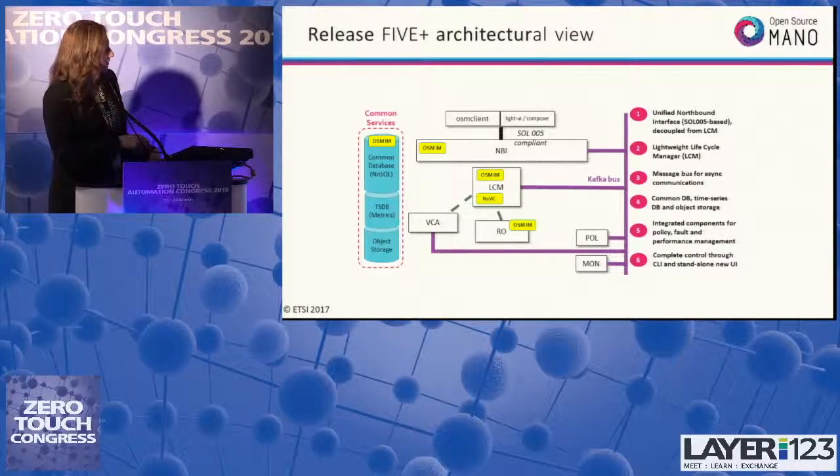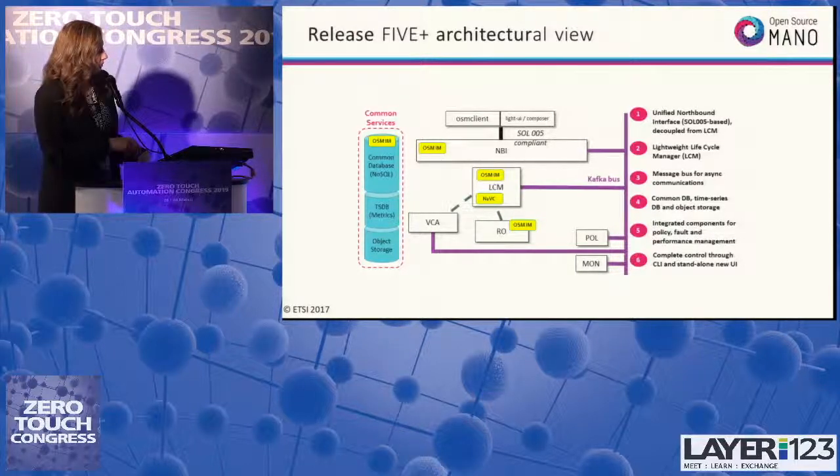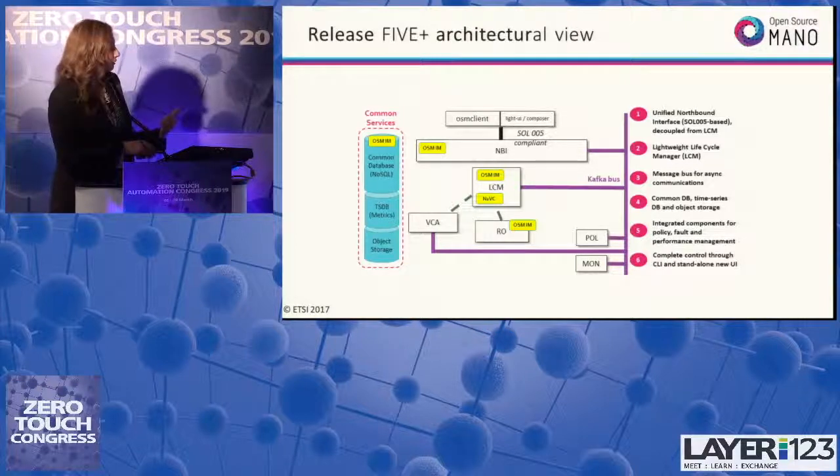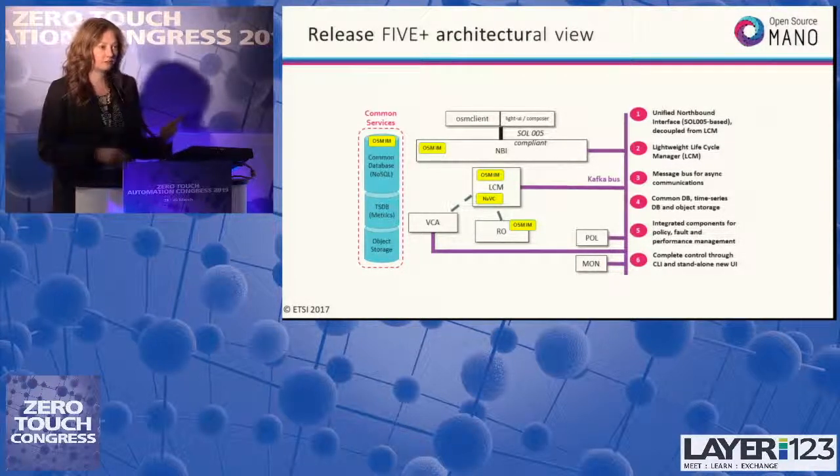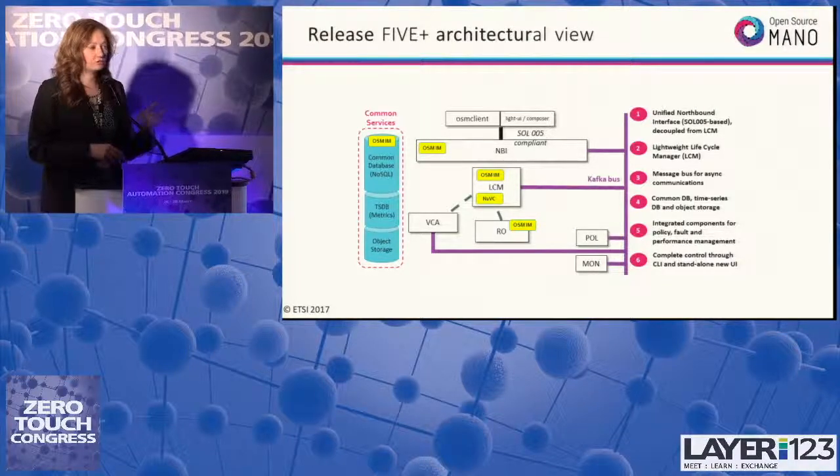And then along the side here, we have something called Pol that I haven't mentioned previously, and MON. MON is our monitoring module, which I did talk about. But Pol is our policy engine, and this is something that's new in Release 5. What the policy engine allows you to do is set policy for things you want to happen in your lifecycle management of your network service.